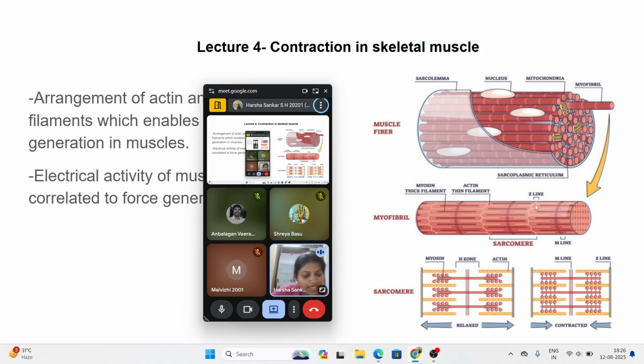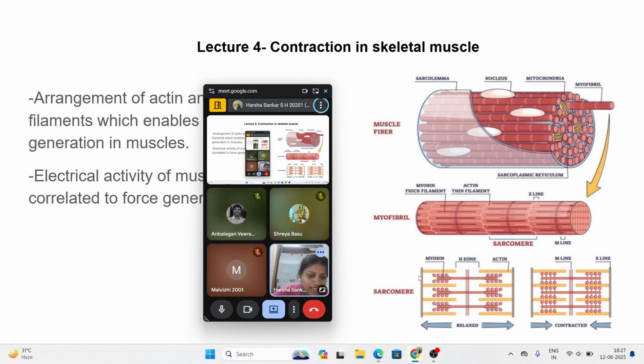Basically, the Z line is constituted by the actin filament. The thick filament forms a central line like this, which is known as the M line, and the zone between the thick filaments is known as the H zone. Here you can see that between the actins in the relaxed state, there is just the myosin. There is a central zone that is known as the H zone.